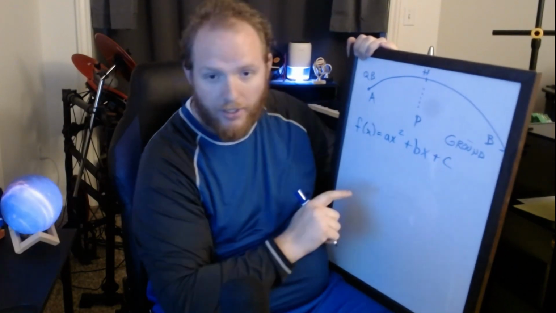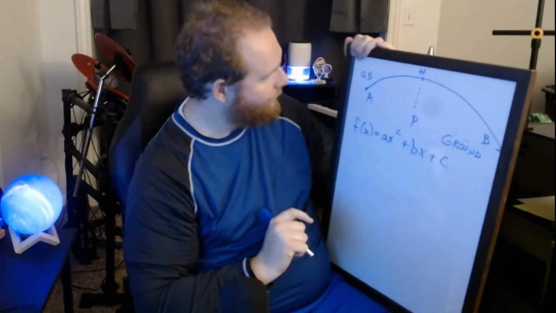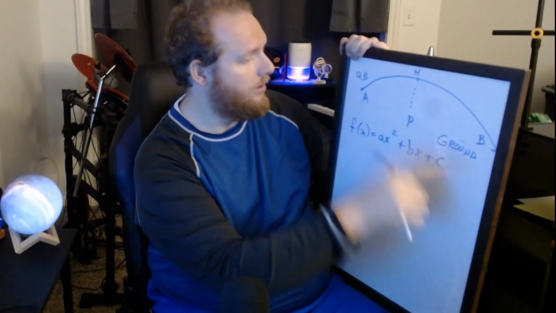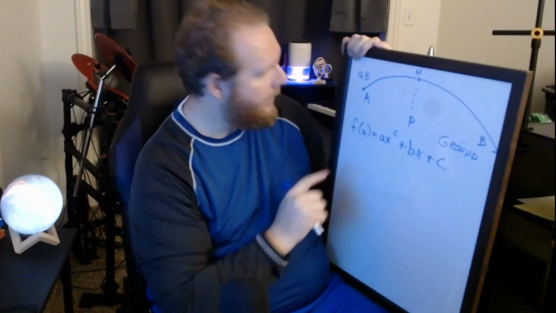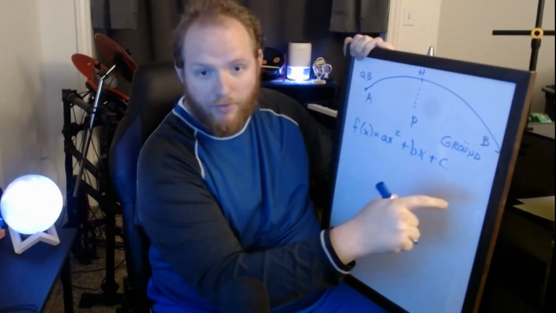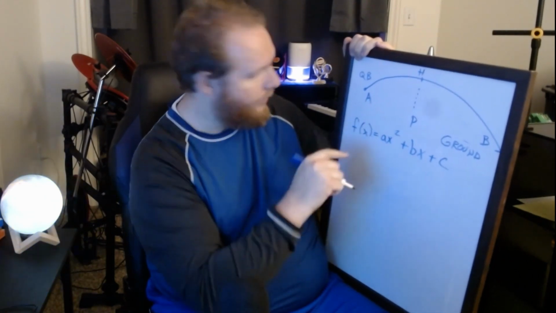So we have three unknowns that define this curve, and there will only be one set of numbers that define that. Because we have three unknowns, we would need three equations in order to solve for those.